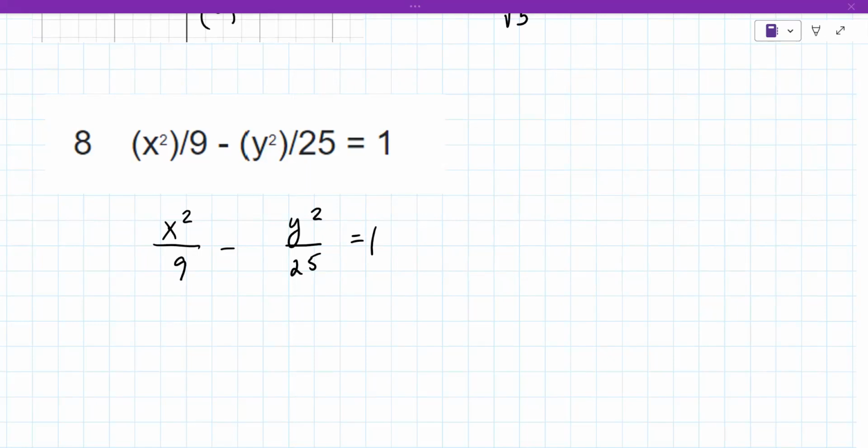So in this problem, the decision about whether it opens left or right depends on whether it's a horizontal or a transverse axis, which again comes from graphing.